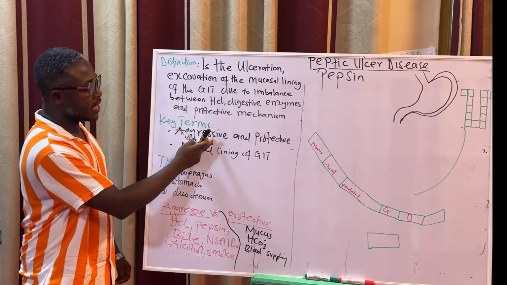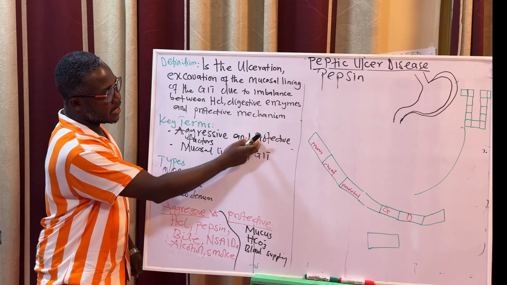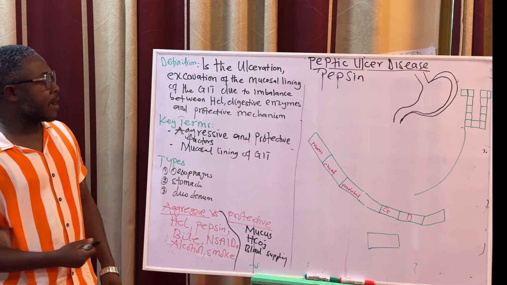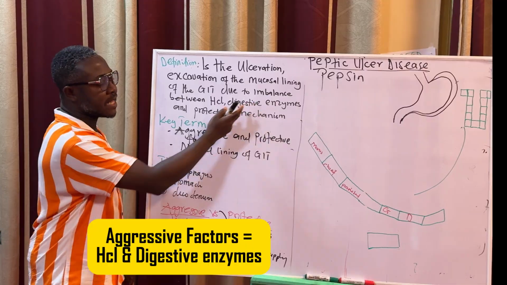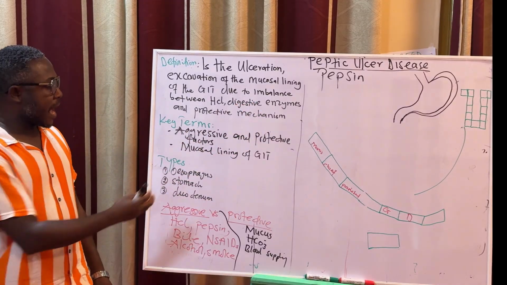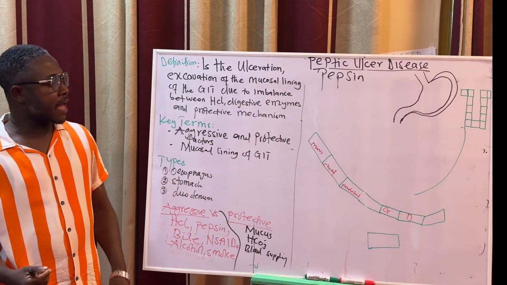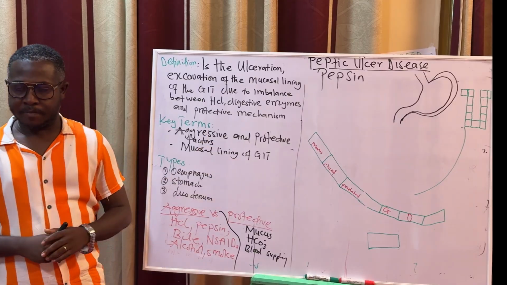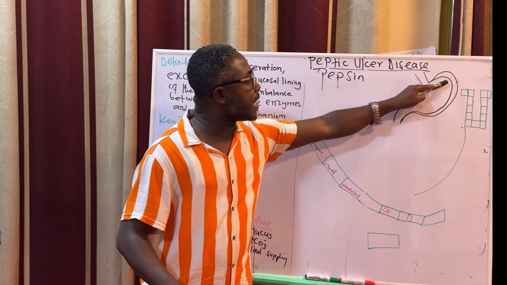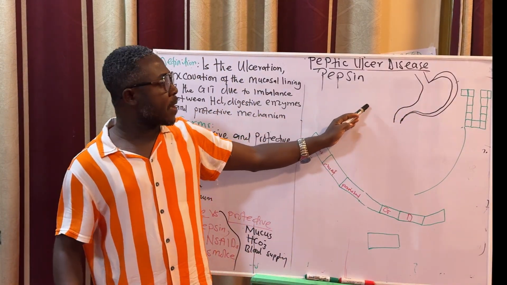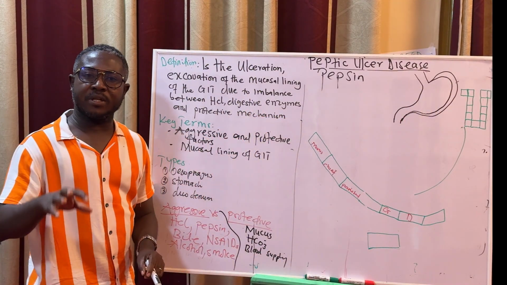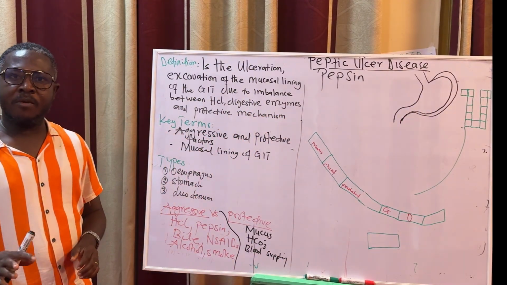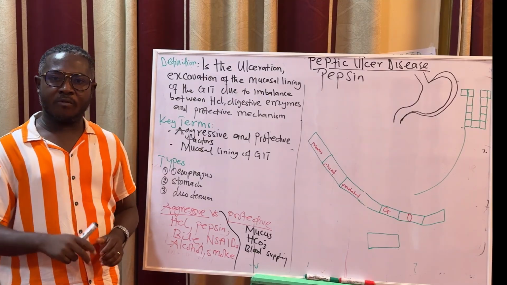One is the aggressive and the protective mechanism. I term the hydrochloric acid and the digestive enzymes as the aggressive factors, and then the protective mechanism. So within the mucosa lining, this is the structure of the stomach. The mucosa lining is this one. There are certain things that protect the mucosa lining from the corrosive activity of the hydrochloric acid.